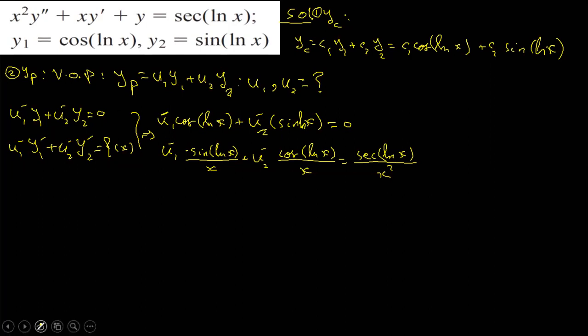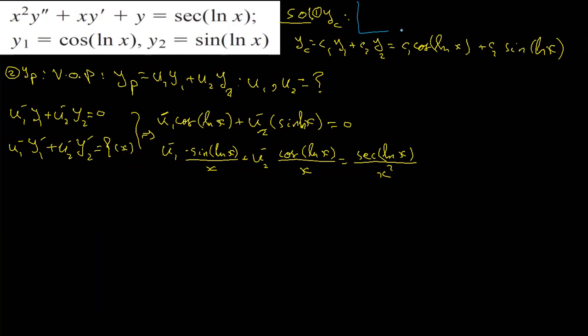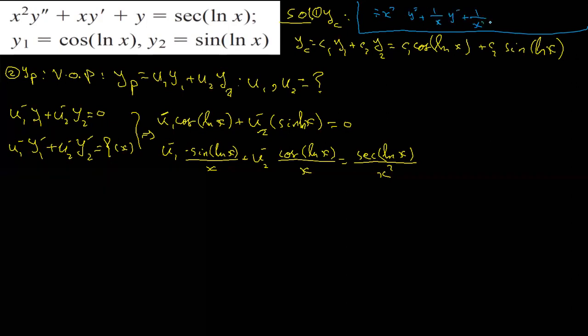You need to divide your equation by x squared. So you have y double prime plus 1 over x y prime plus 1 over x squared y equals sec ln x divided by x squared.